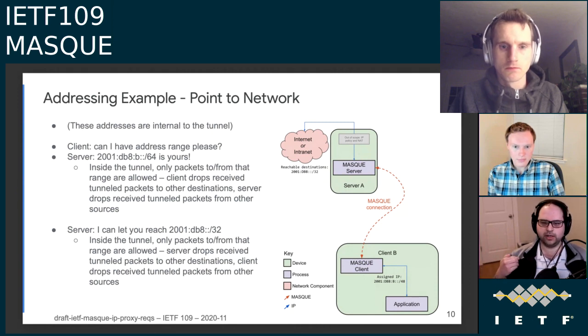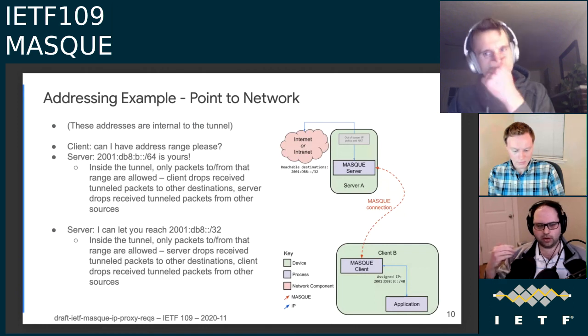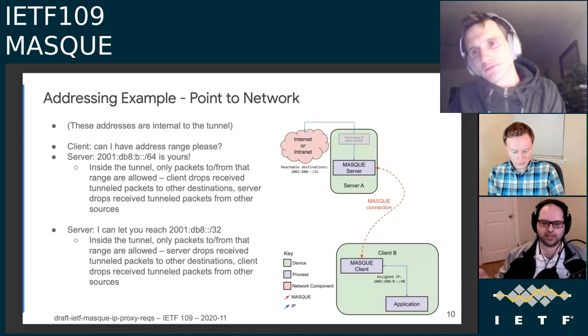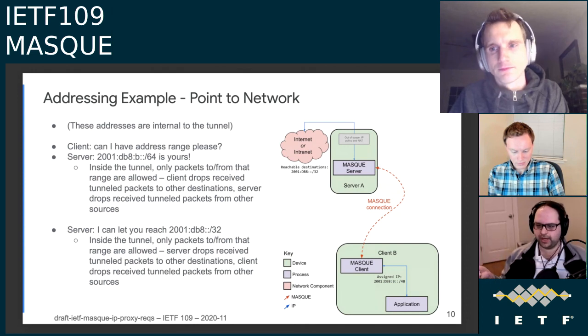And also what the client needs to know is what's reachable using that address. So the server also says you can reach anything in 2001:db8::/32. So not only if the client uses a source address which is not one which it received, but also if it tries to send to a destination address, the server is not obligated to forward the packets along.